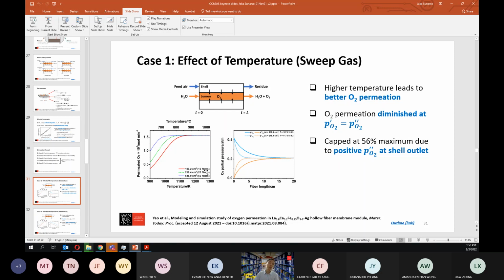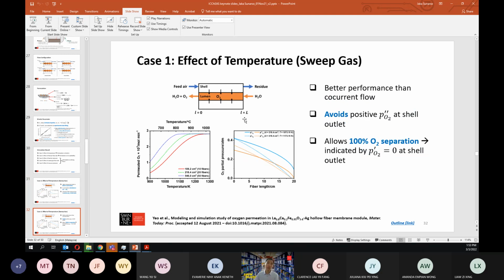And in here you also see the effect of the different fibers. For example, with 10 fibers, 20 fibers, and 50 fibers, you can see that if you have more fibers, then you can achieve a higher oxygen permeation at lower temperature. Okay, I'll go into the next.